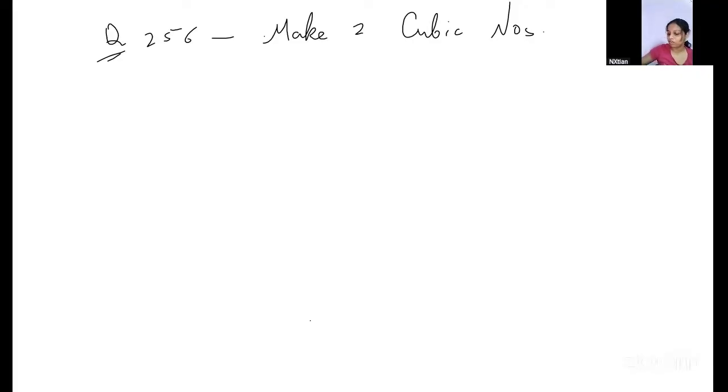Let's first do the factorization of 256.